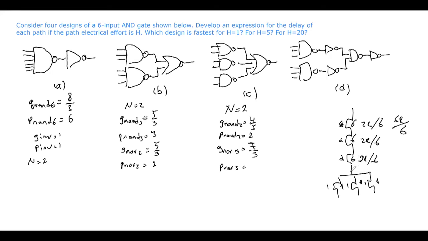I have 6 units coming from this transistor and 3 units coming from this, 9. 9 divided by the input capacitance of the inverter is going to be 3. Or what was our shortcut? It was basically the number of inputs of our gate, 3.